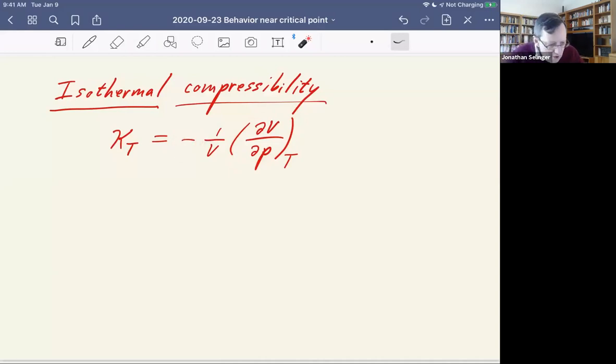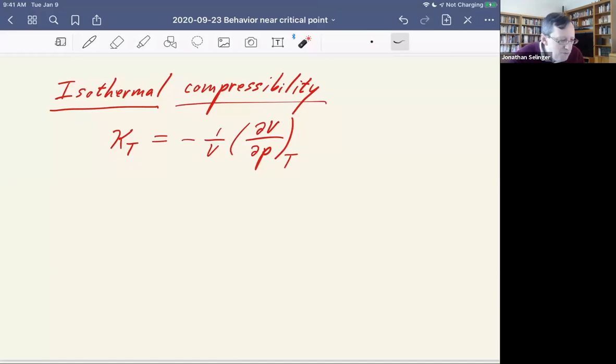Okay, so this is a property of liquids or gases, which could be defined anywhere in the phase diagram. But in particular, we can figure this thing out at the critical point, or near the critical point.